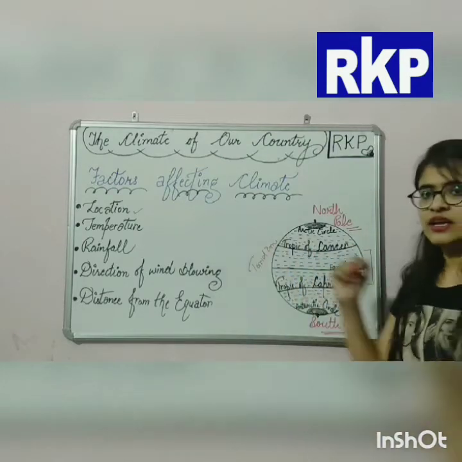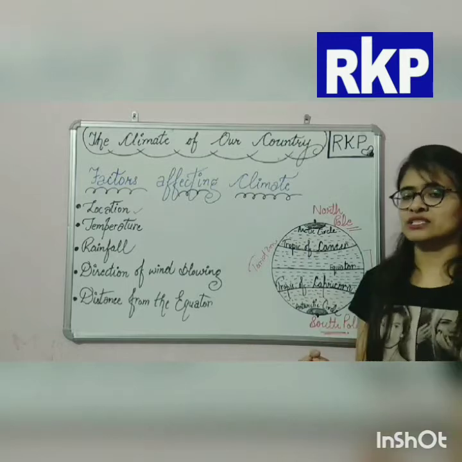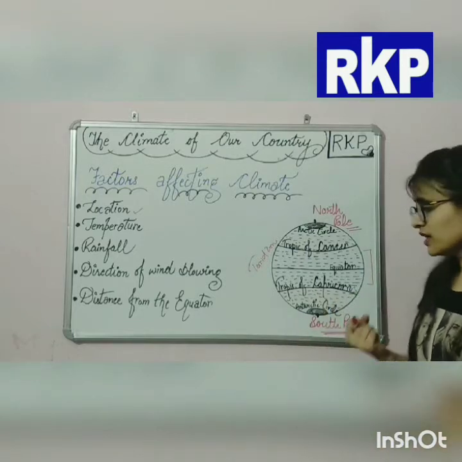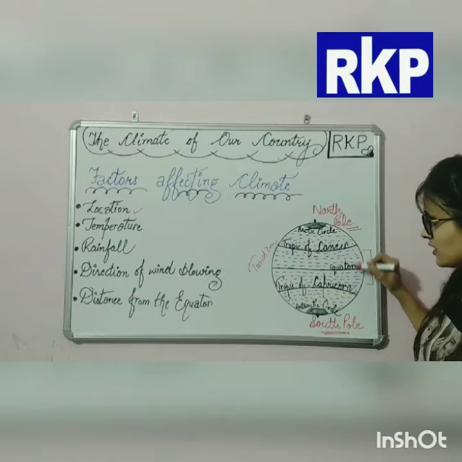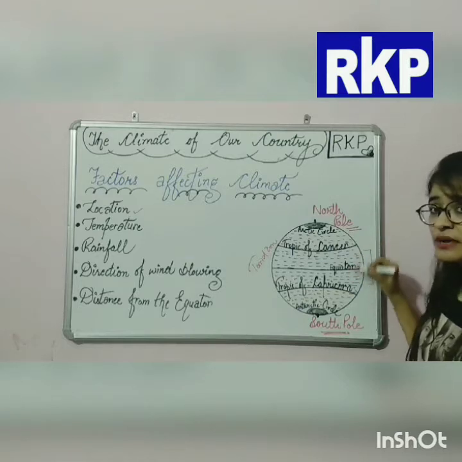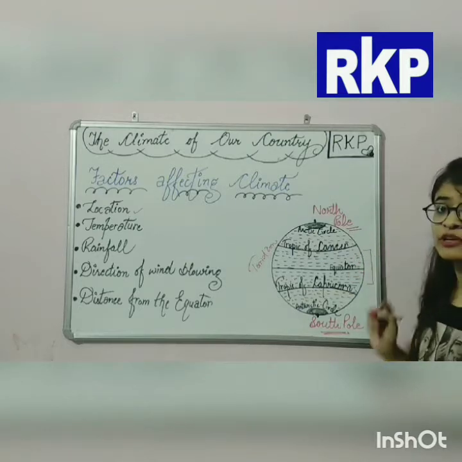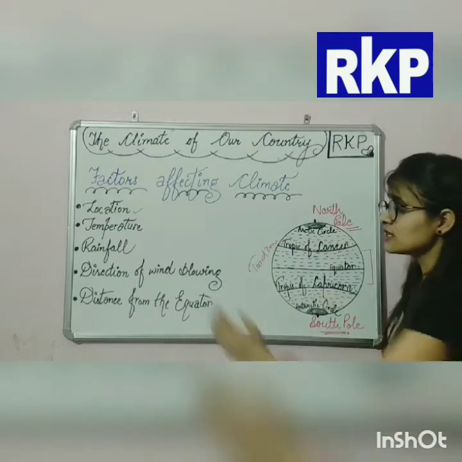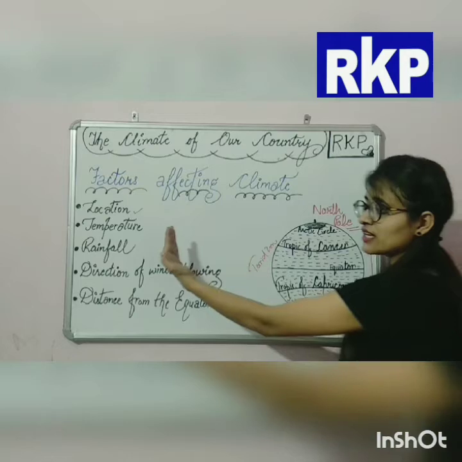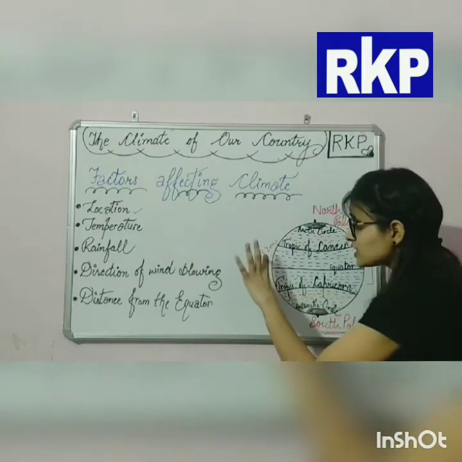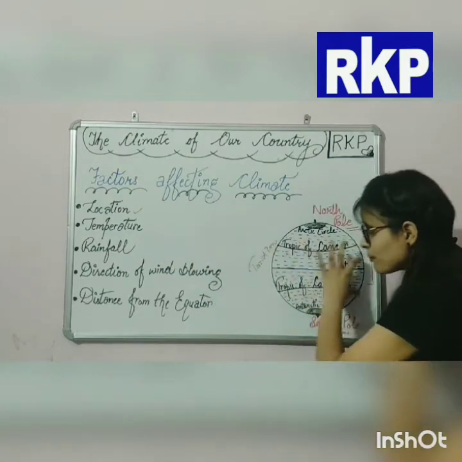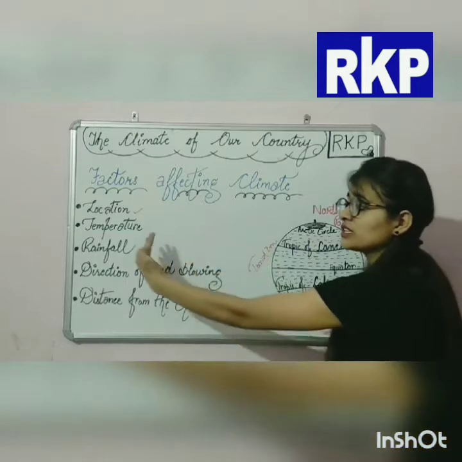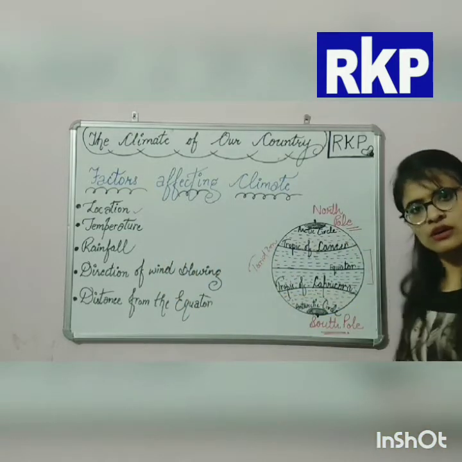So location. If any place, wherever we are living, is in this belt, then the climate will be hot. Why? Because here is the sun in front, and this is the part which receives the direct sun rays of the earth.